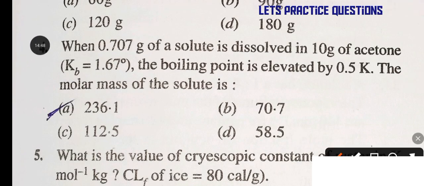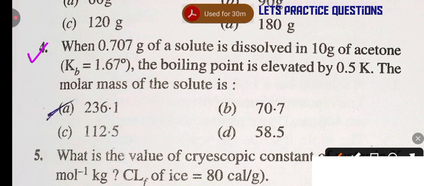In question number 4, let's read the question. When 0.707 gram of solute is dissolved in 10 gram of acetone, where Kb is given as 1.67 degree, the boiling point is elevated by 0.5 K. The molar mass of the solute is? Let's calculate.